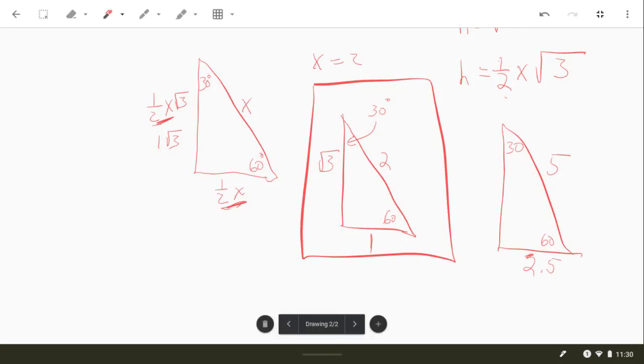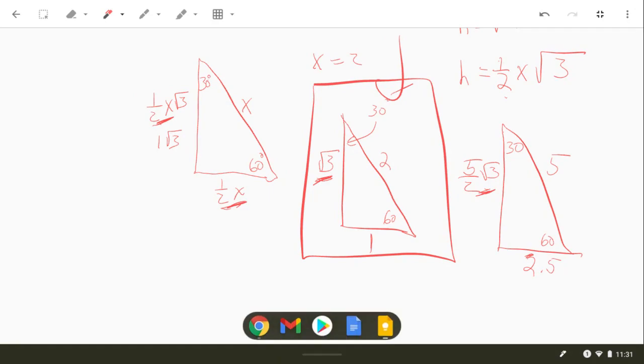And then you would also know the missing leg here. You could use the Pythagorean theorem to figure it out, but it ends up being some ratio of the 5. You can think of it in terms of that 5. It would actually be 5 over 2 root 3. All right. So this is going to be the main part that we're going to use. We're going to use this to define our trig functions.